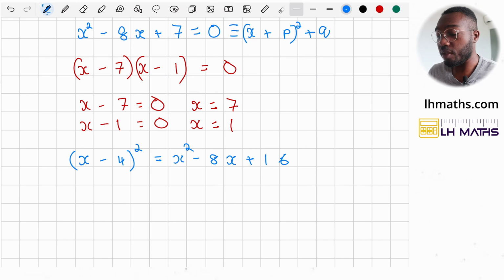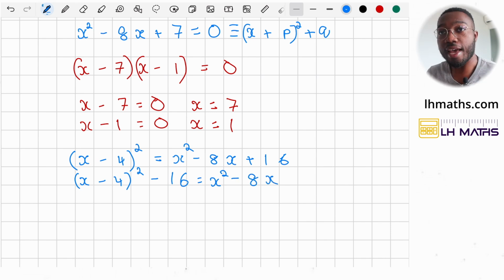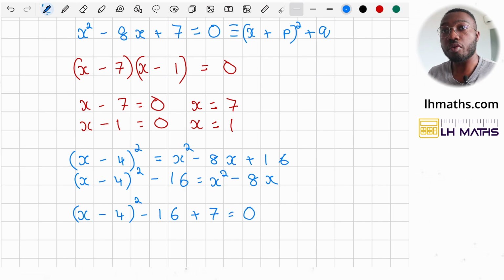So as a result, we need to bring that minus 16 to the other side. So if we bring the minus 16 to the other side, then we get x minus 4 squared minus 16 is equal to x squared minus 8x. Okay? And so if we were to rewrite that, we would have x minus 4 squared minus 16, and remember there's still a positive 7, so we need to also include that positive 7, and we know that is equal to 0.